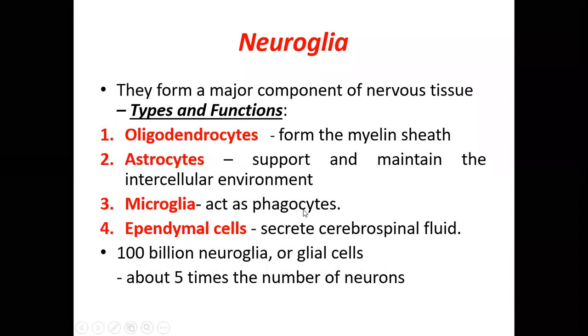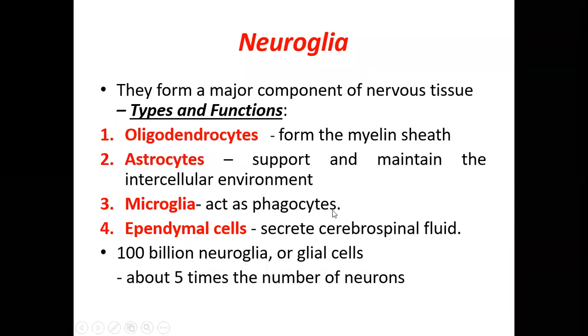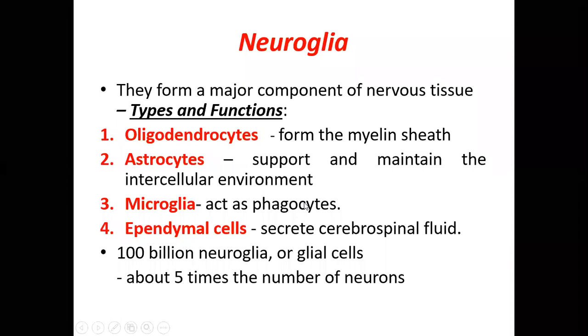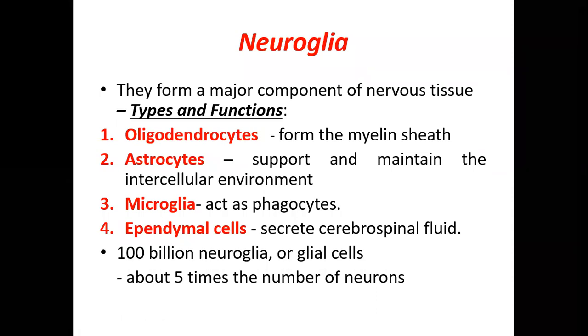These act as phagocytes. Phagocytes are cells which eat up dead cells, bacteria, viruses, everything. So they eat up all the unwanted cells, dead cells, bacteria, viruses, any kind of infection.